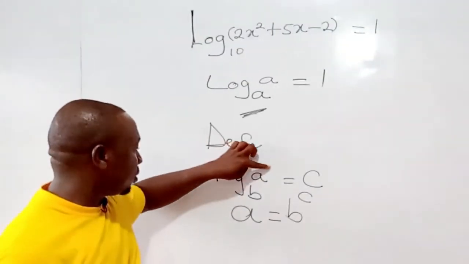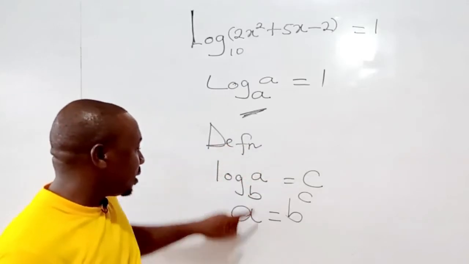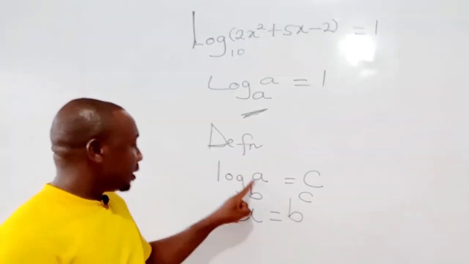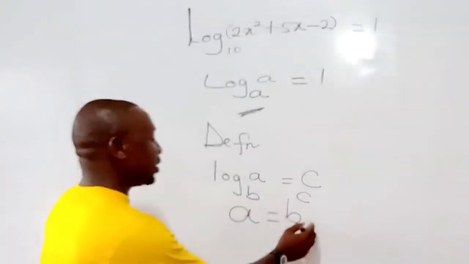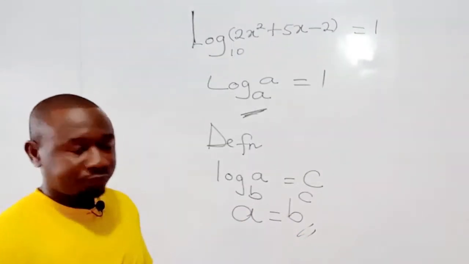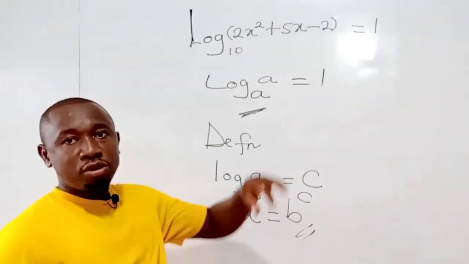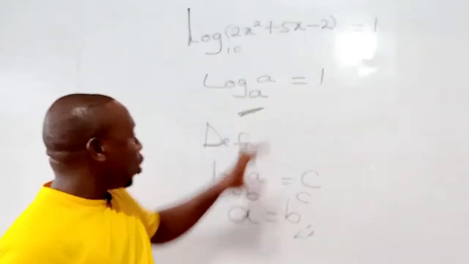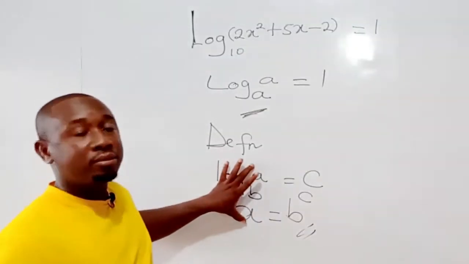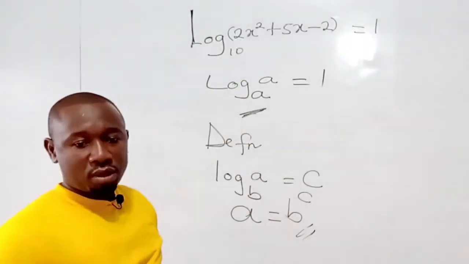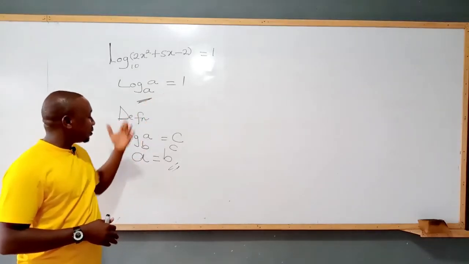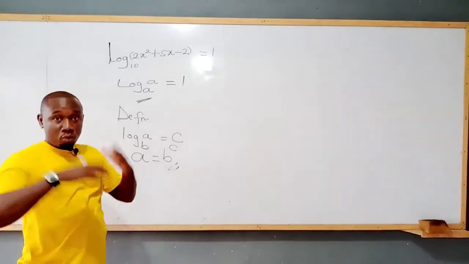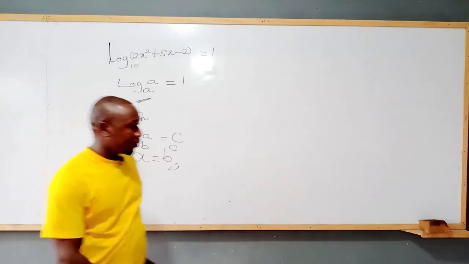That means the a here is equal to the base to the power c. In fact, this is the definition of logarithm. So it is either we use this property or we use the definition of logarithm to solve the question. And by using this property and using the definition, we'll get the same answer.